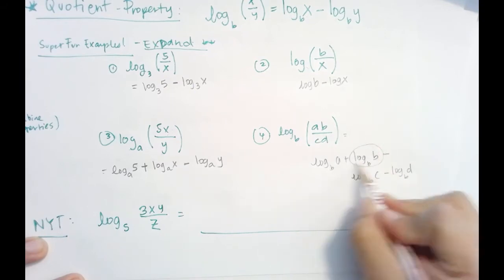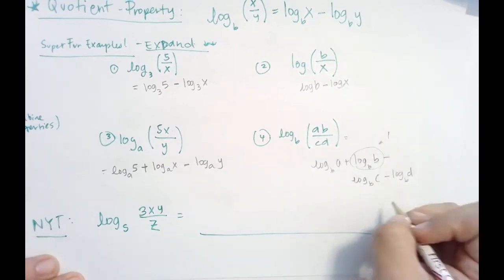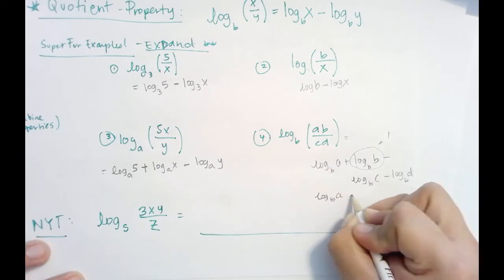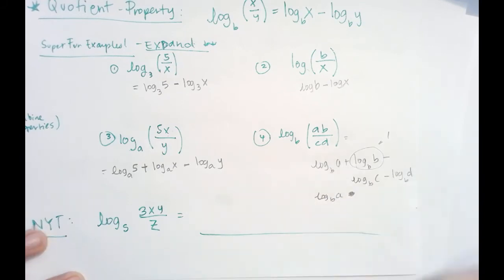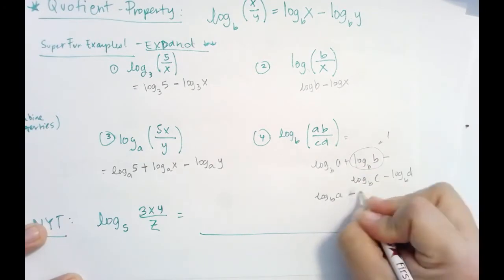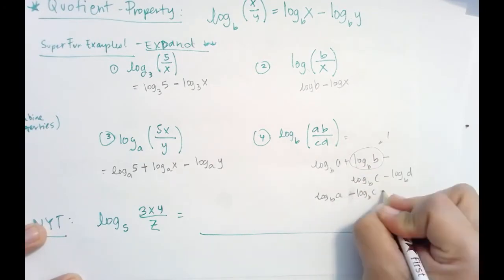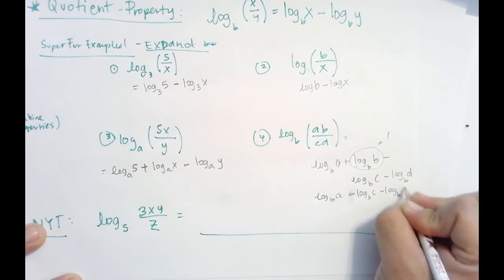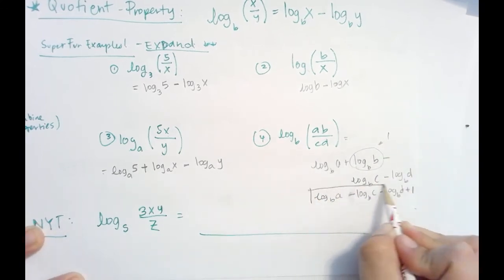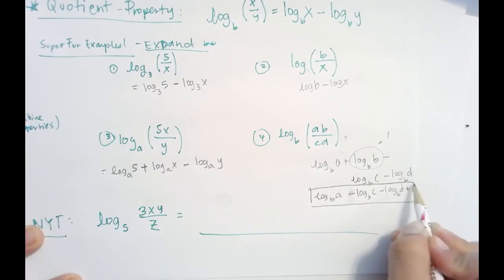And remember this is equal to 1 because this and this match. So you would have log base b of a minus log base b of c minus log base b of d plus 1, because this is a 1 here, okay? So that's what you would have.